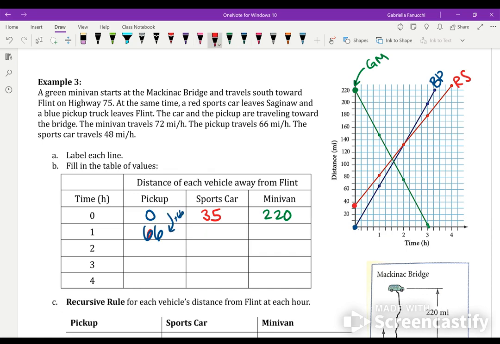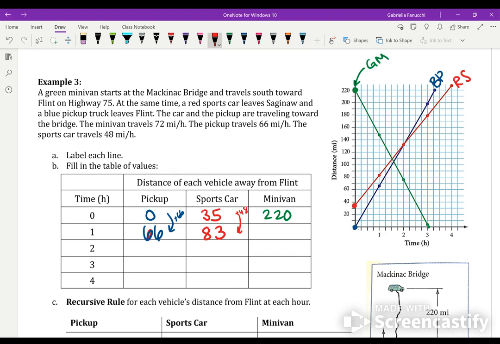The sports car travels 48 miles per hour. So we should be adding 48. Okay, so 35 plus 48 is going to give us 83.